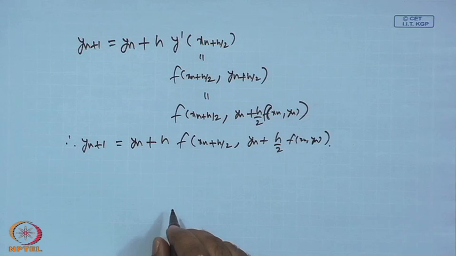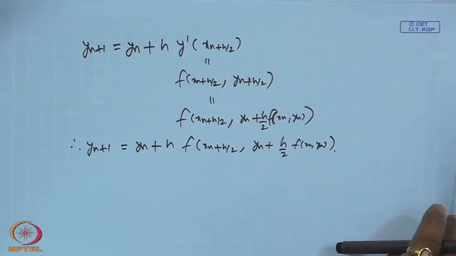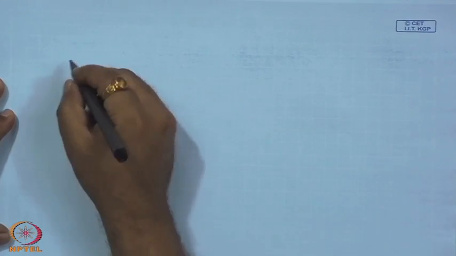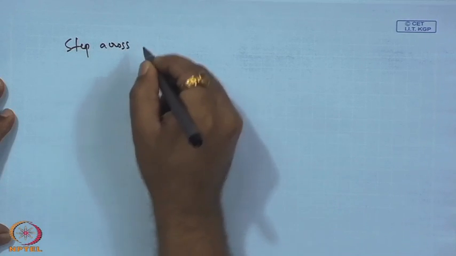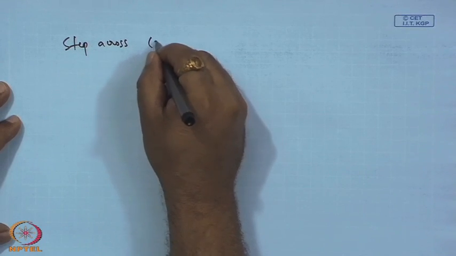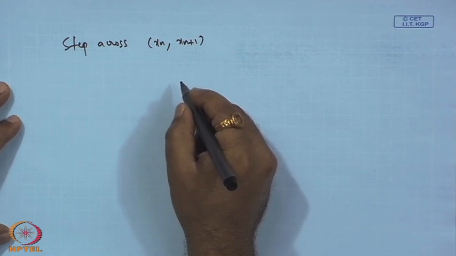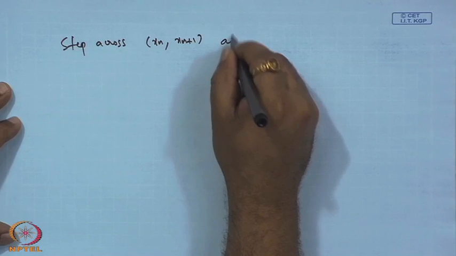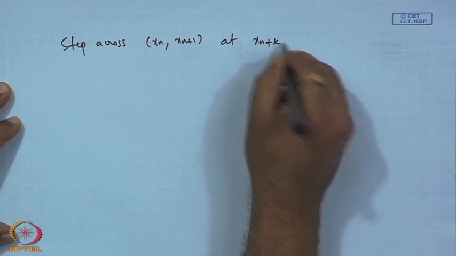Okay. So, now there is no necessity that we should use midpoint. Okay. So, let us say we step across x n plus 1 at x n plus k.